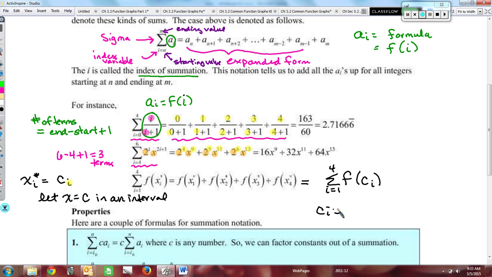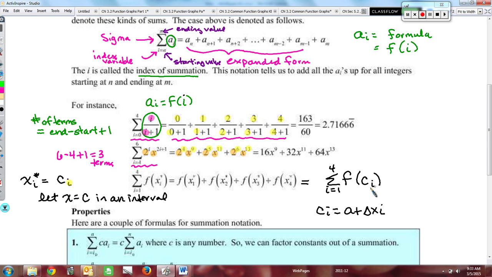So c sub I might be something like a plus delta x i. I'm previewing something that's going to come. You'll have a formula for calculating each c value you want to pick, and then a function that you are plugging those c values into, and that will give us an idea of what we're going to be working with in calculus.